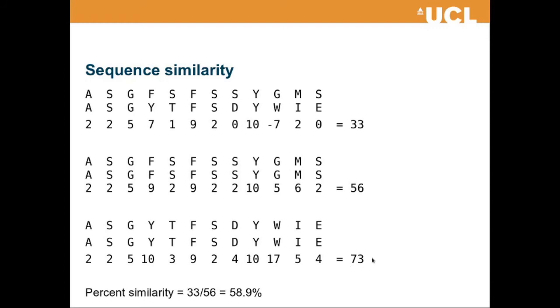And that means that we're going to divide by this lower score, because you could never get a score greater than this if you're using this sequence. Therefore, our percentage sequence similarity is going to be 33 divided by 56, which gives us a similarity of 58.9%, which, as you see, is higher than the identity, which was just 50%.